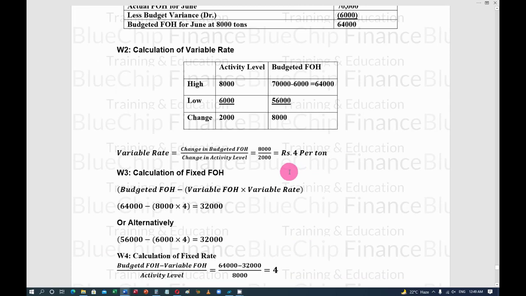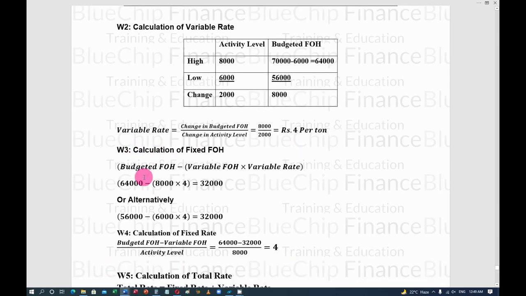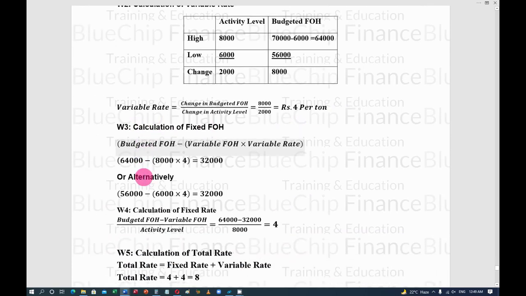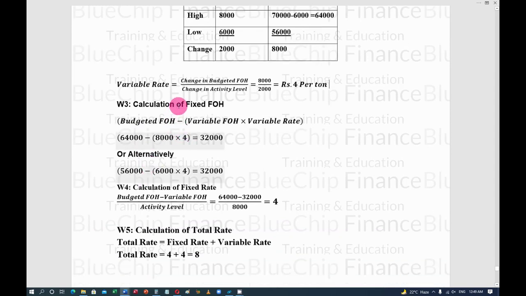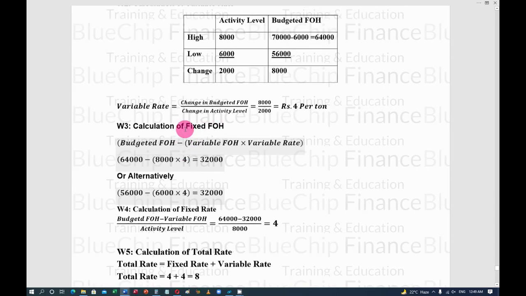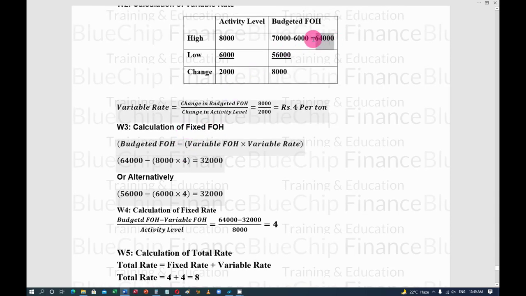So that is the variable rate. And one more calculation which we obviously need to make is the calculation of fixed FOH. As you know, your budgeted FOH at highest level of activity is 64,000, your variable rate is rupees 4 and your activity level is 8,000. So we can very easily calculate budgeted fixed FOH. 64,000 minus variable FOH, which equals activity level multiplied by variable rate.